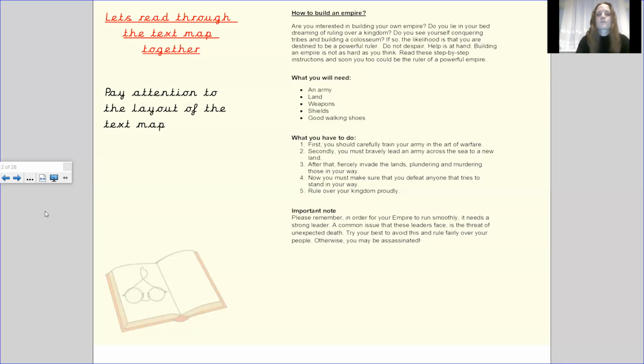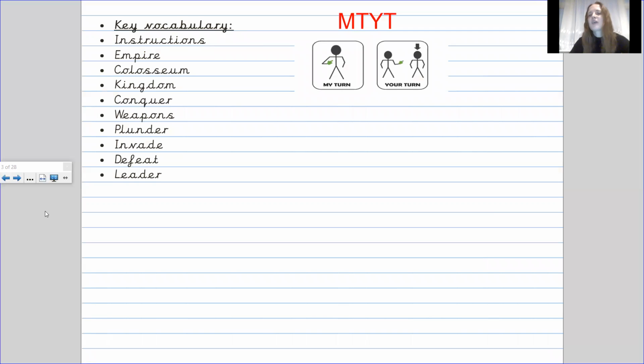So our key vocabulary in this text are the following words. We're going to have my turn, your turn, so you're going to say it with me. So the first word is instructions. Instructions. Empire. Empire. Colosseum. Colosseum. Kingdom.